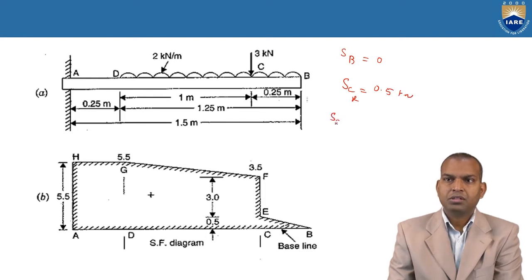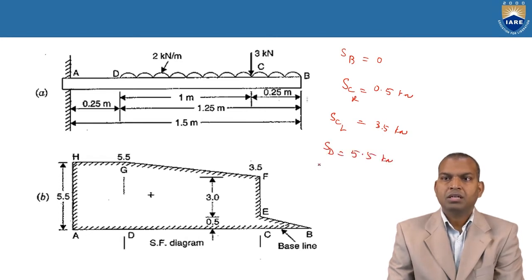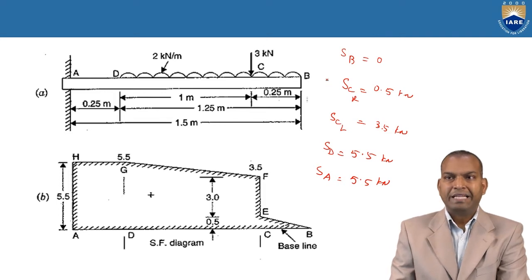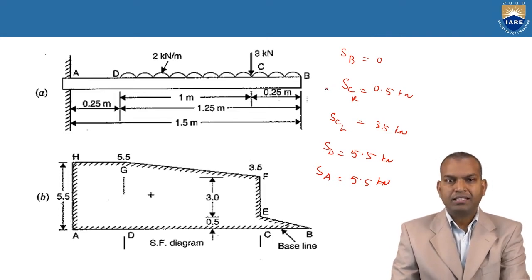On the left side of point C, it is 3.5 kilonewtons. Shear force at point D is 5.5 kilonewtons, and shear force at point A is 5.5 kilonewtons. These values are obtained by using sign conventions.